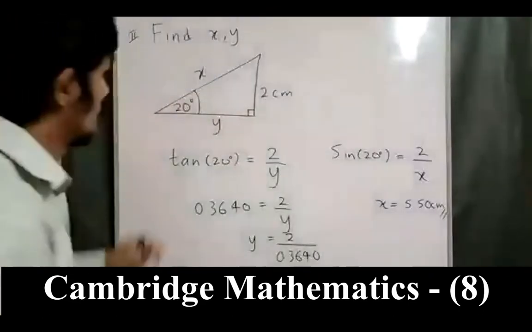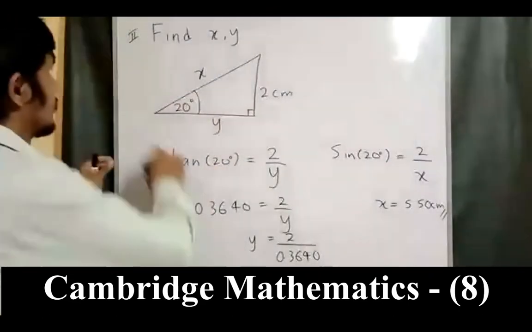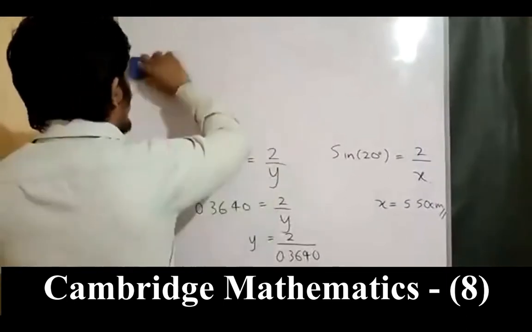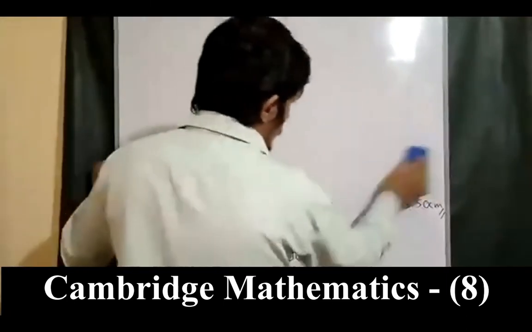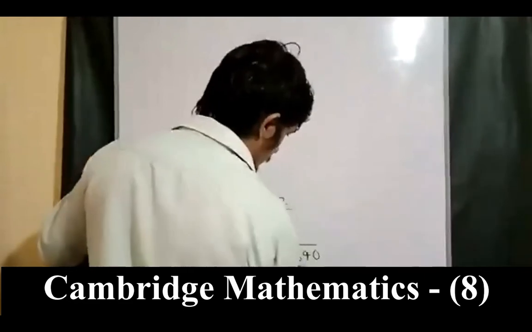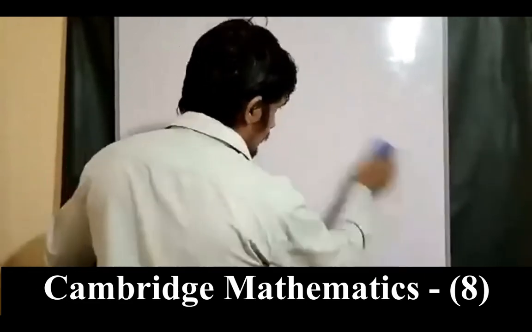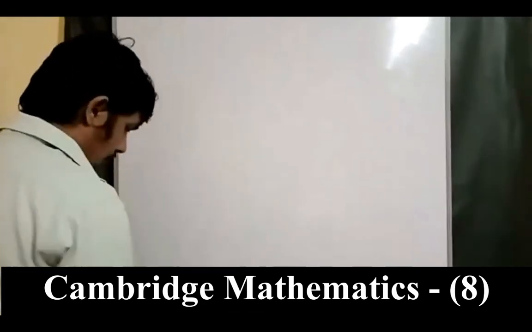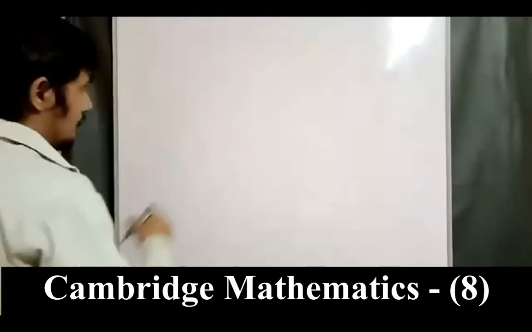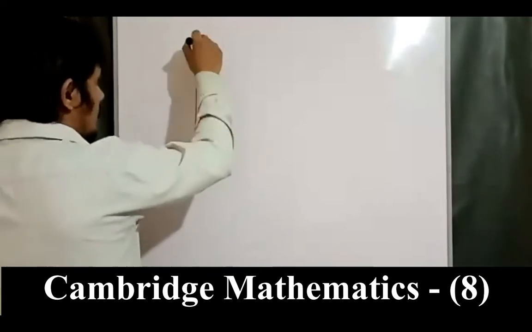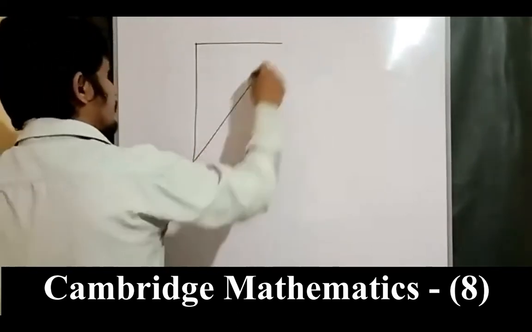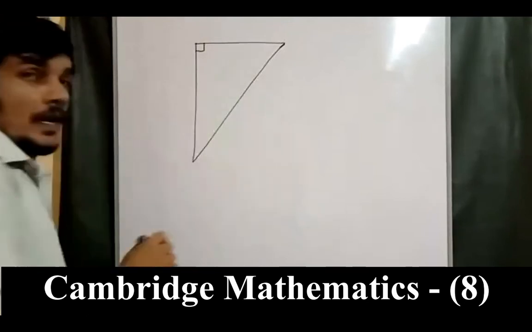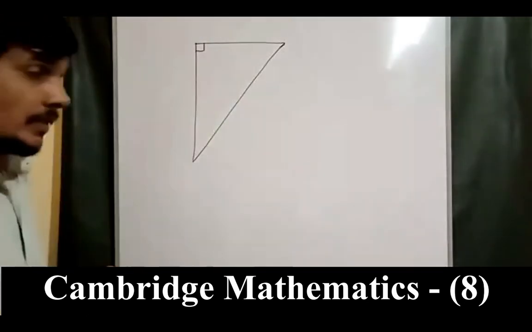So I'll be erasing this. Now imagine you have a triangle. Let's say you have a triangle like this, and I mention an angle as theta.